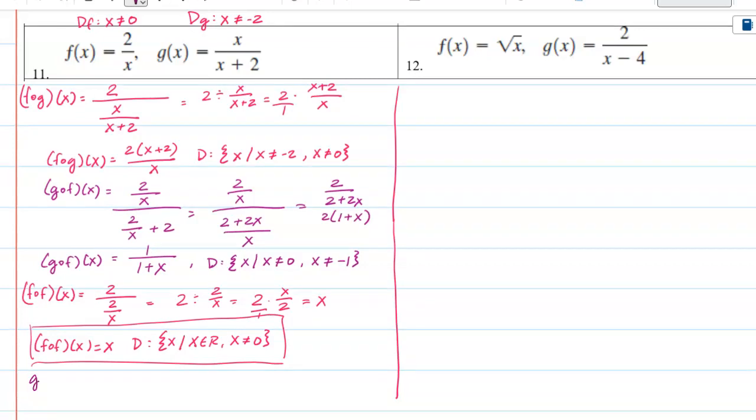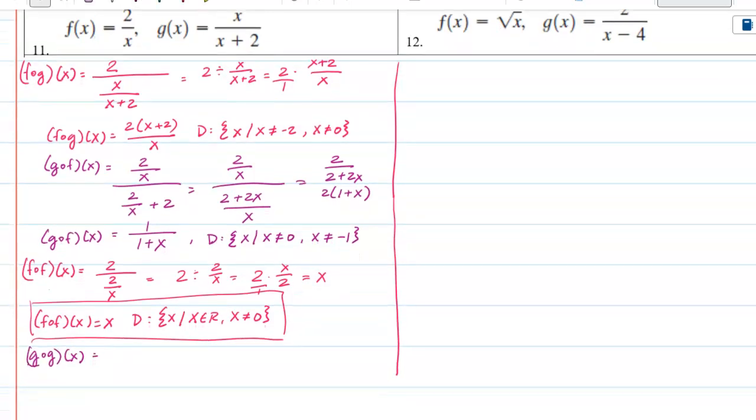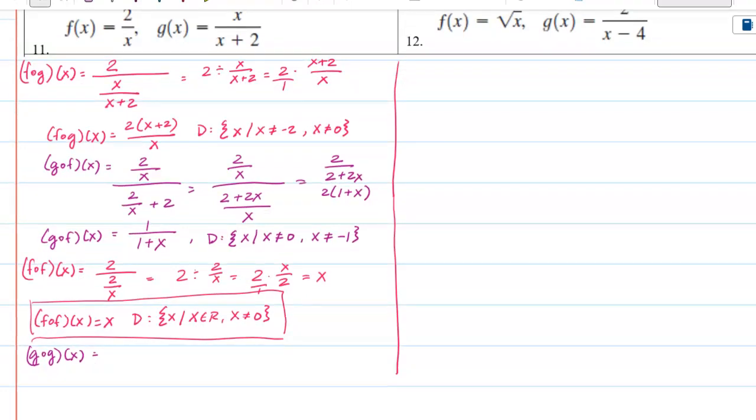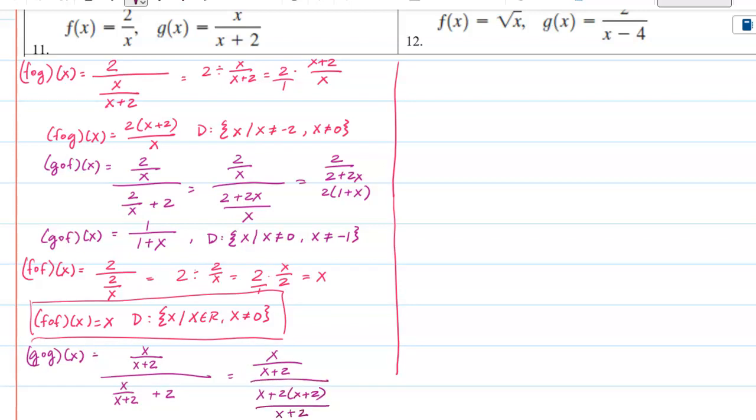Okay, the last one. So let's do g of g of x, which is going to be the fun one. x over x plus 2, where that numerator x is x plus 2 over x plus 2, plus 2. Multiply by x plus 2 over x plus 2.